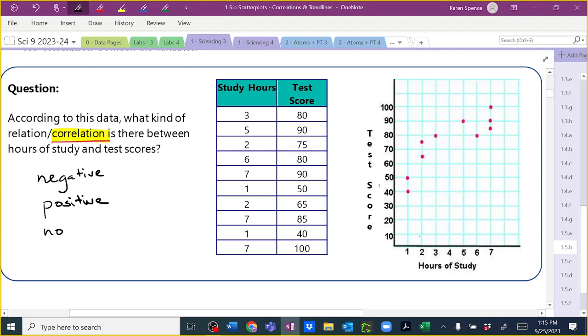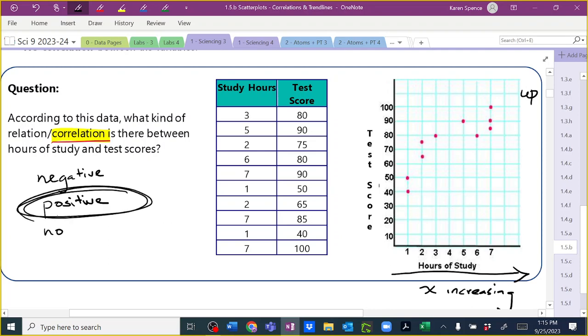As we go from left to right, that means that X is increasing. What is happening to the vertical? Are we going up or are we going down? We're going up. So up is positive, okay?